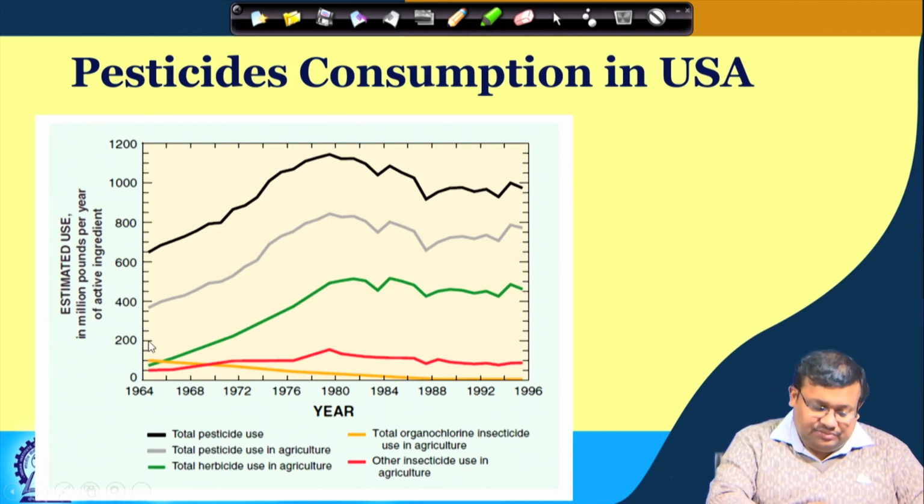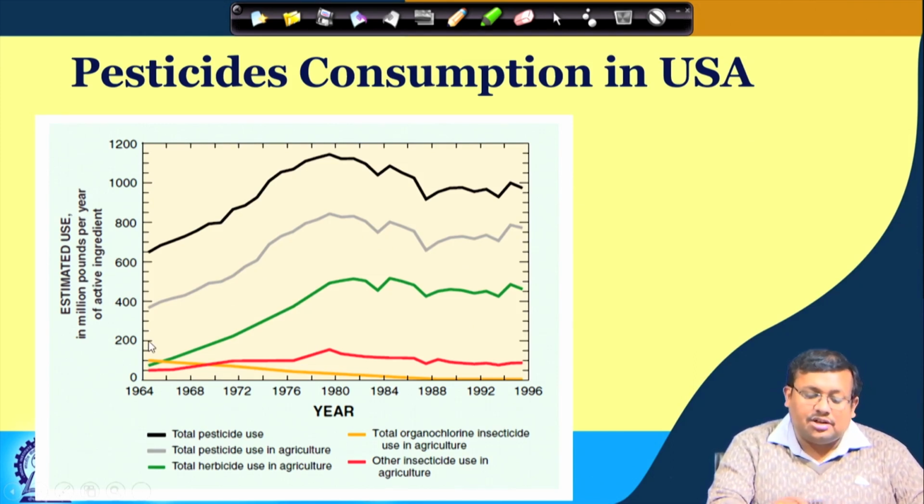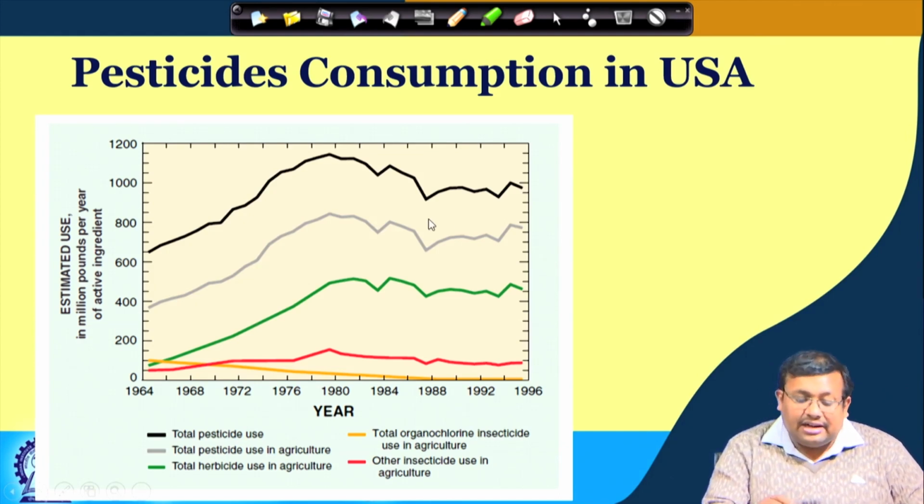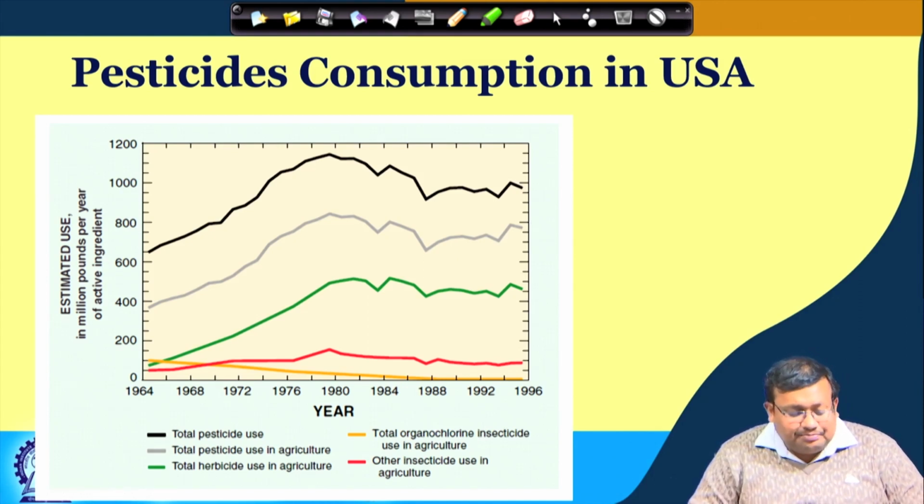Cumulatively, the total use of pesticides also continuously increased up to the 1980s, and then suddenly it decreased a little bit, and then reaches a plateau around 1992 and in the 1990s.